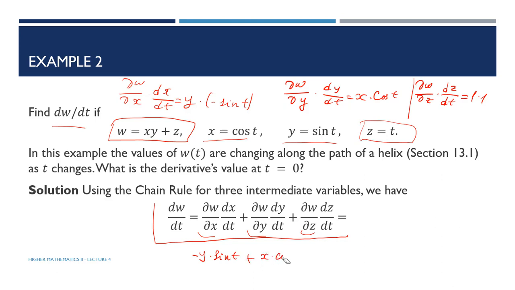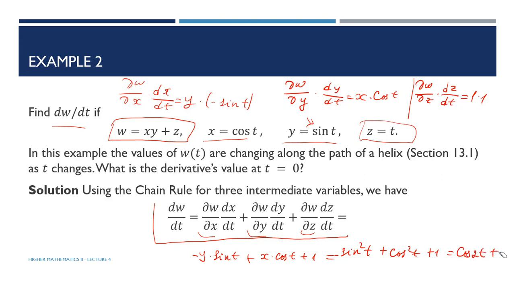So if I plug in y equals sine t, we get negative sine squared t, plus, instead of x, cosine t, so cosine squared t, plus 1, which equals cosine t plus 1.